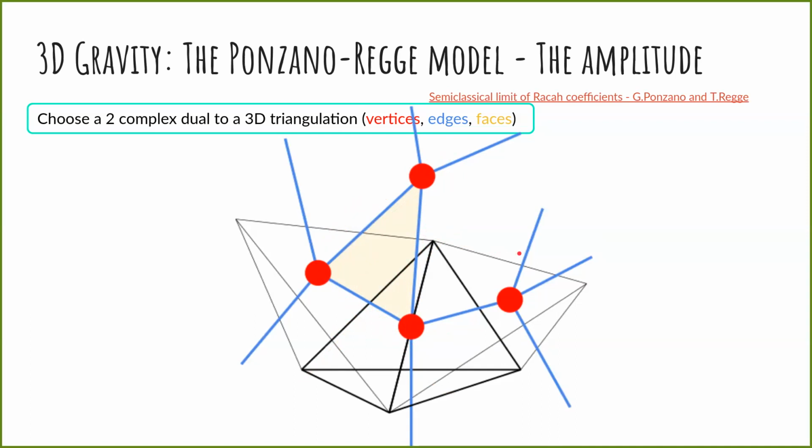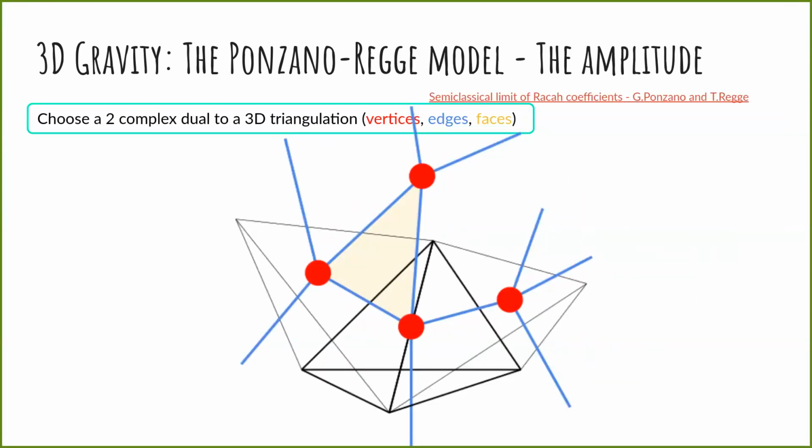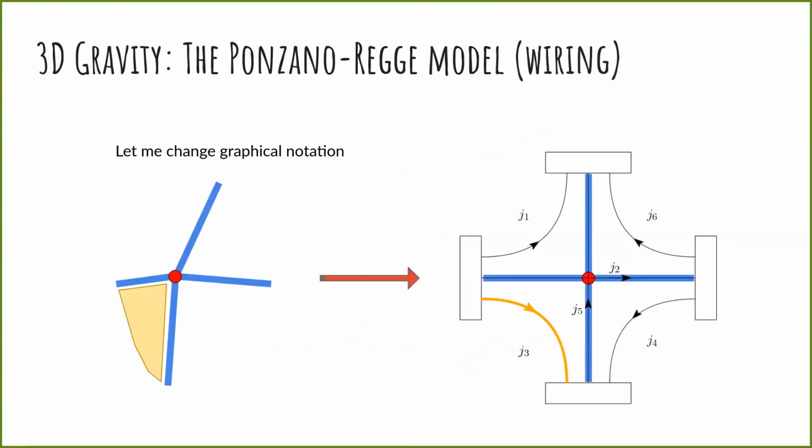So given a 2-complex made like this, you can write the amplitude. But before writing the amplitude, let me change the graphical notation a little, because red dots, blue sticks, and yellow polygons are not really that useful. So let me represent the faces of the spin foam with wires.